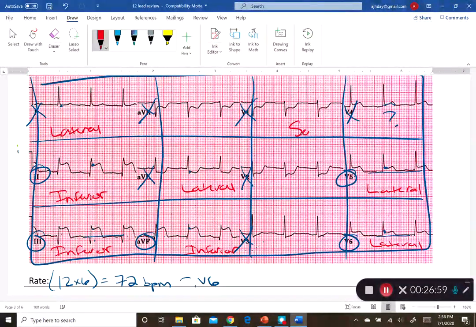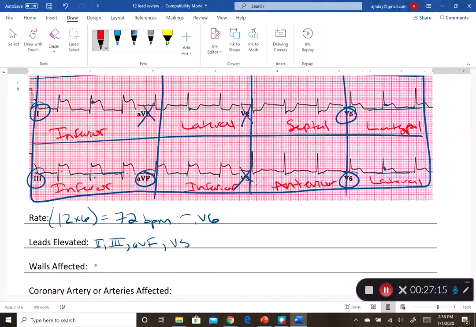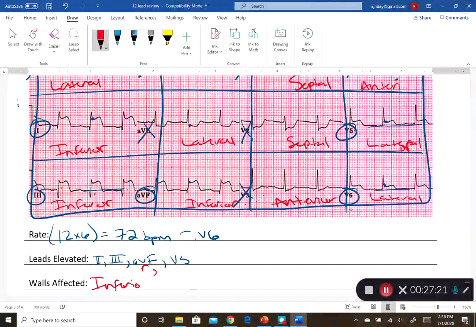V1, V2 is my septal. And V3 and V4 anterior. So what walls are affected? Well, we have our inferior with 2, 3, and AVF. And then we also have our lateral with V5 and V6.